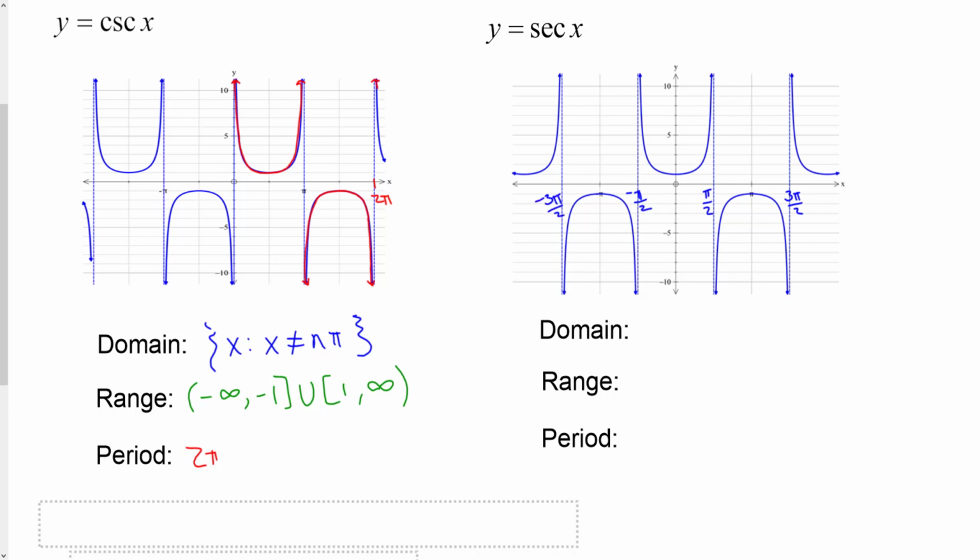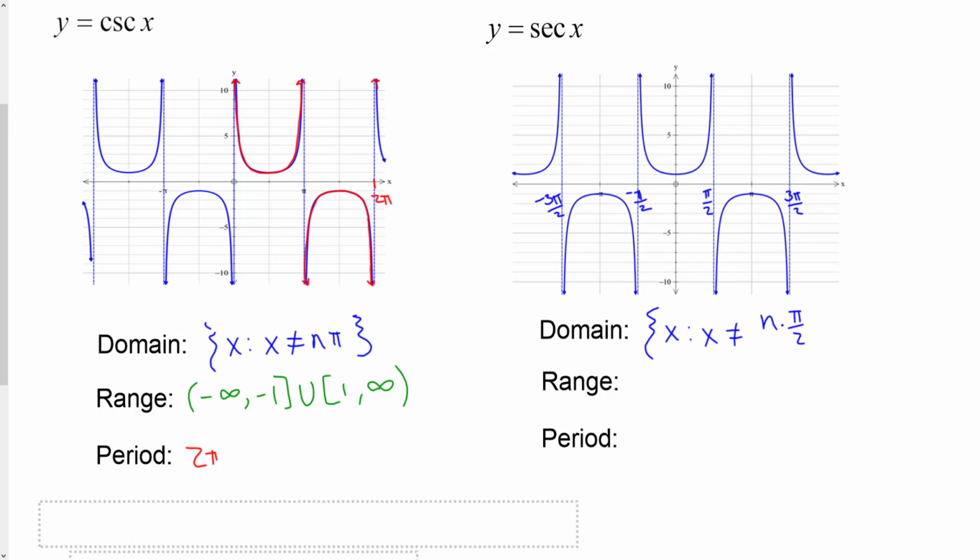These are the values where the asymptotes are occurring, and we need to exclude those. So when I express my builder notation, it's all the values x such that x does not equal, well, how do we express this? It turns out one thing you might want to try is saying n times pi over 2.